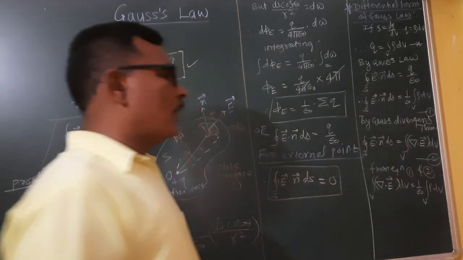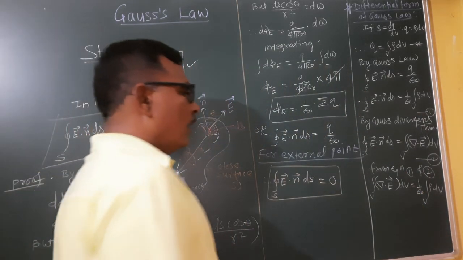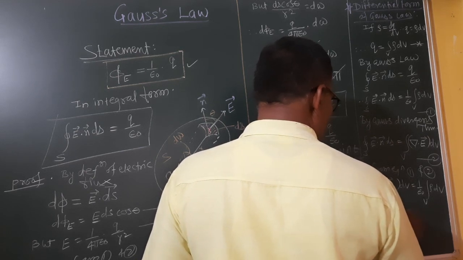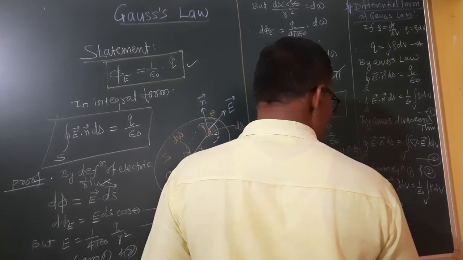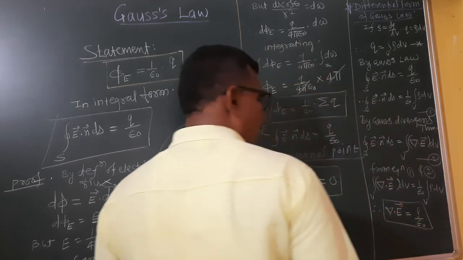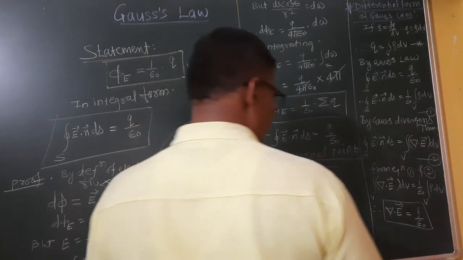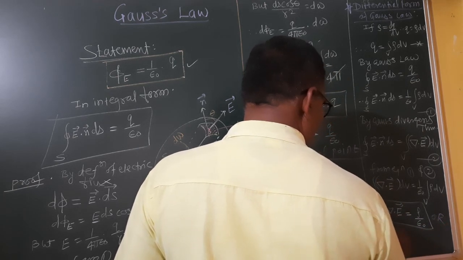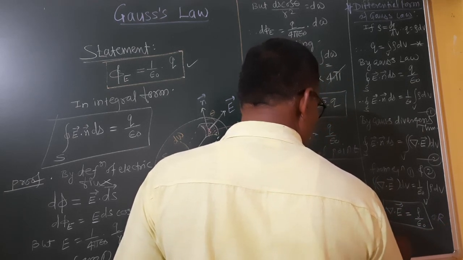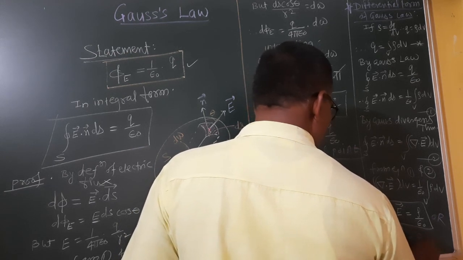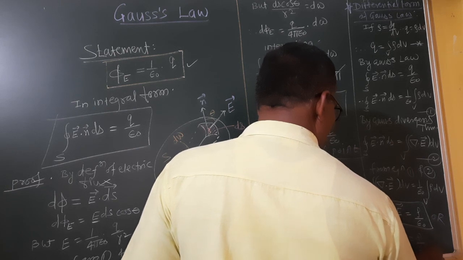Now the volume integration on both sides can be dropped, therefore we get divergence of E bar equals rho upon epsilon 0, and this is the differential form. This can be written as divergence of E equals rho upon epsilon 0.